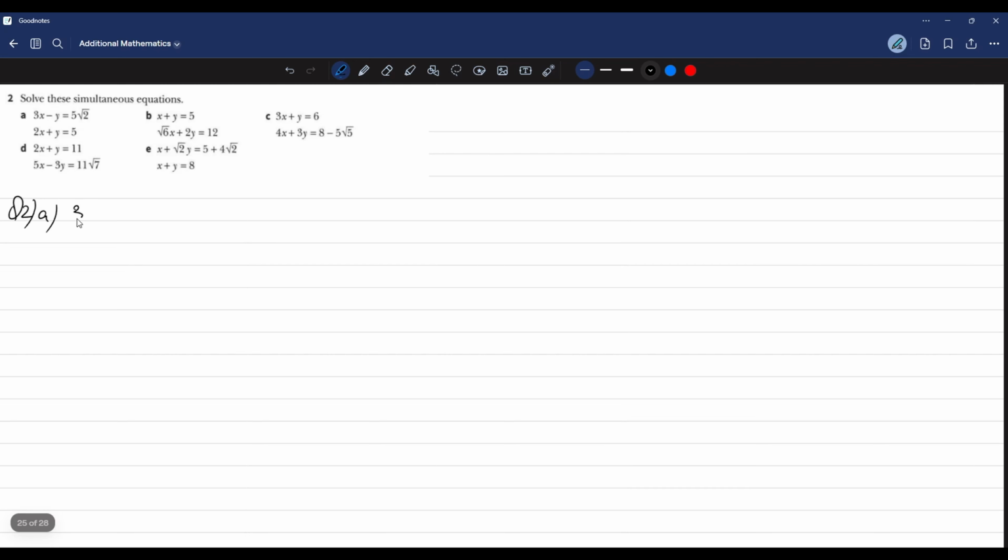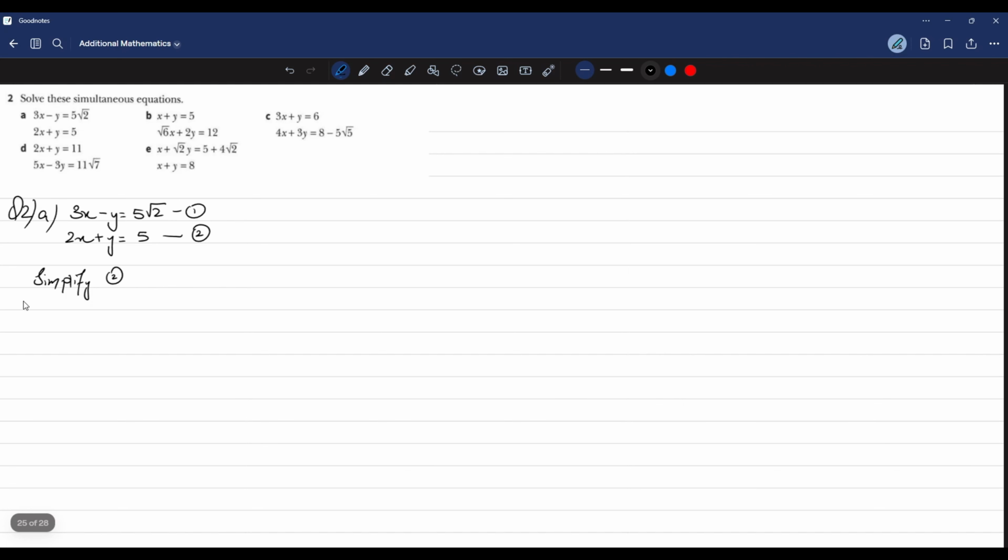For question 2a, 3x minus y is equals to 5 under root 2. This is our first equation. I'll call it equation 1. And then we have 2x plus y is equals to 5. And we'll call this equation number 2. So now that we have it, I'm going to simplify equation number 2, because there is no surd in it.